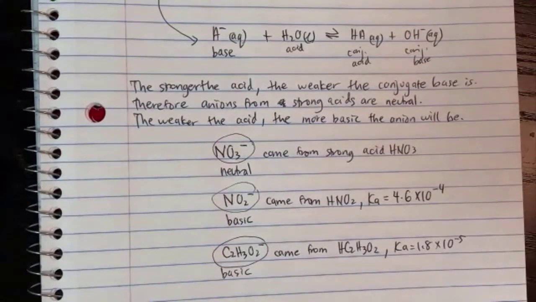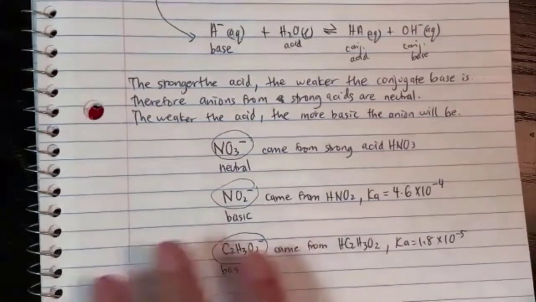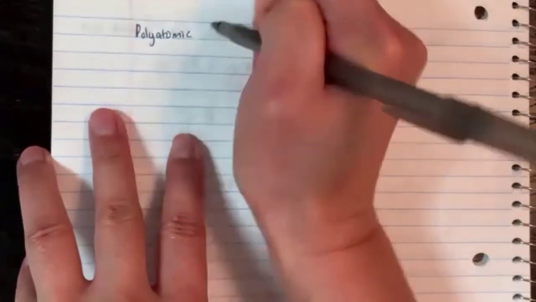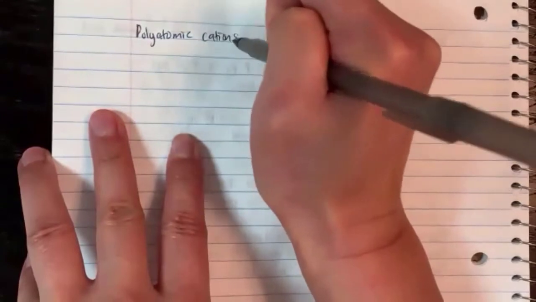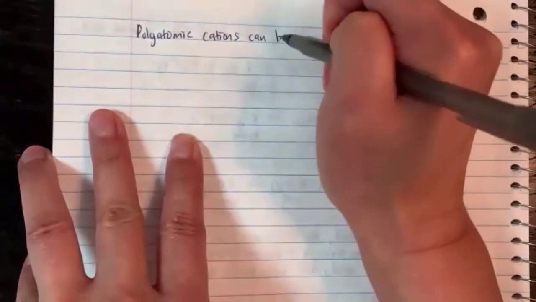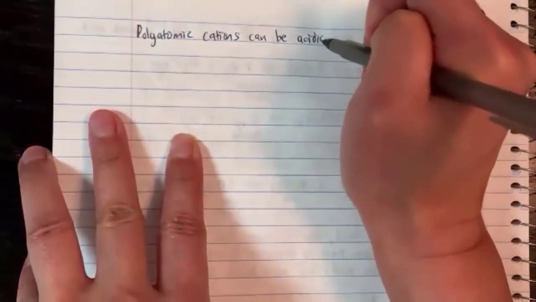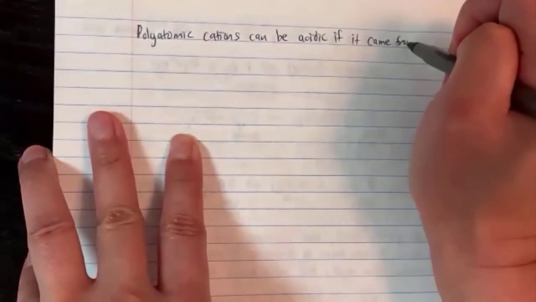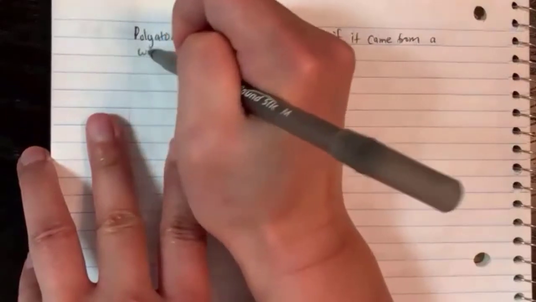Now, let's take a look at cations. So these are anions for now. Let's take a look at cations. So it says here, polyatomic cations can be acidic if they came from a weak base.